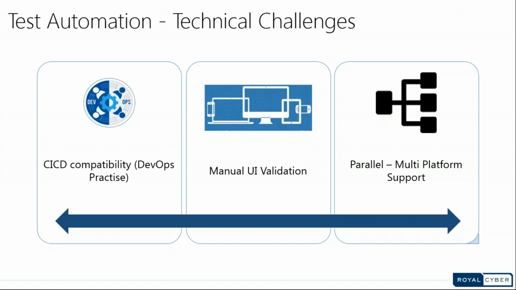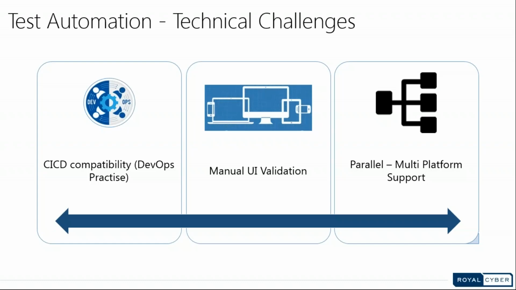And all the time, there is manual UI validation. From the functional test automation perspective, apart from the functional test automation, the UI needs to be validated manually all the time: image comparison, or specifically whether the appearance is good or not. This is one of the technical challenges while doing functional test automation end to end.